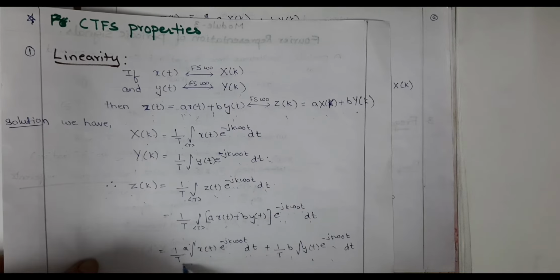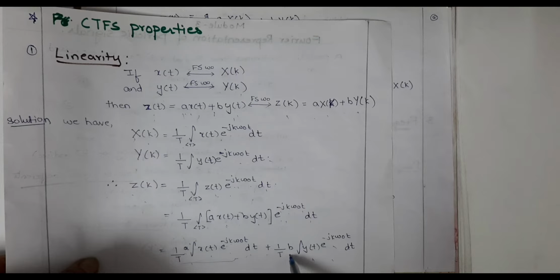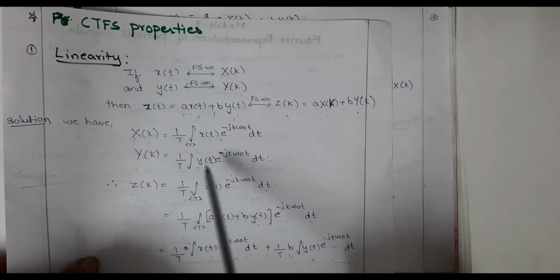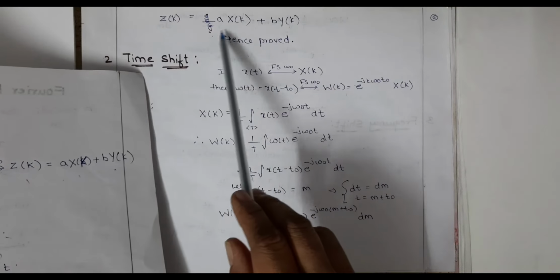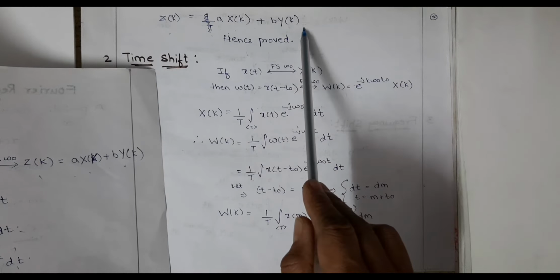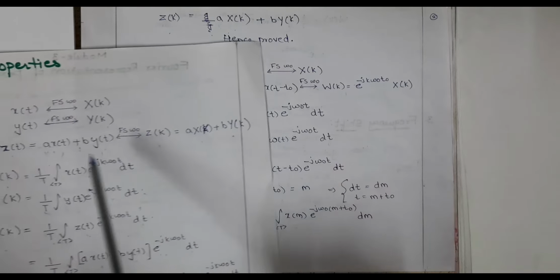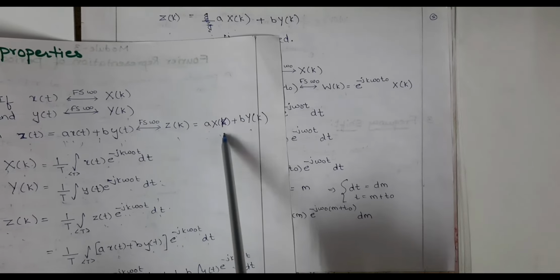Leaving this a, this term is nothing but X[k], and leaving this b, the remaining term is nothing but Y[k]. Substituting here, we get Z[k] is equal to a into X[k] plus b into Y[k], hence proved.